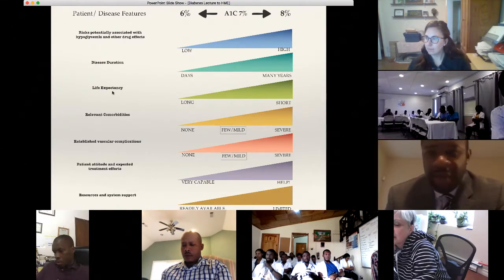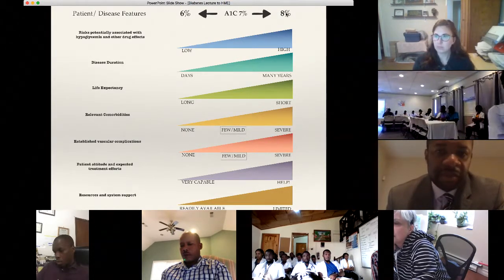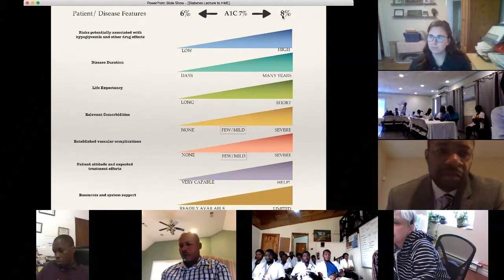So if they're very sick and they don't have much support, we think about a hemoglobin A1C of 8%. Bon, si le patient est vraiment très, très malade et qu'ils n'ont pas de réseau familial pour les aider, on va fixer un objectif de A1C de 8%.